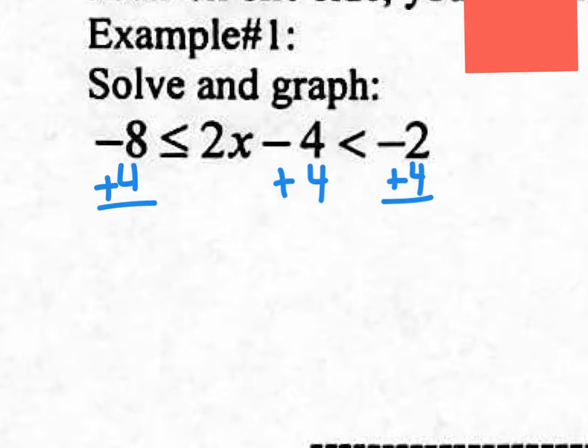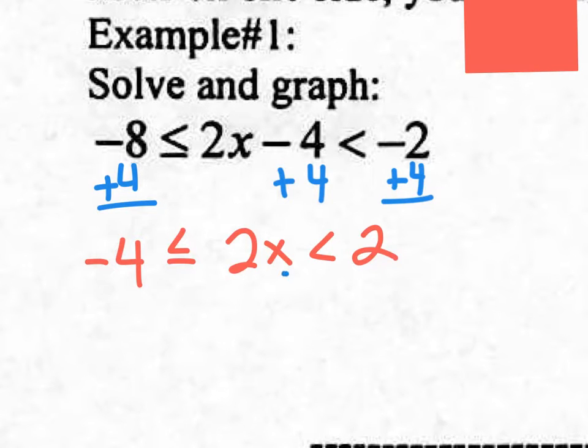So my new compound inequality becomes negative 4 is less than or equal to 2x is less than 2. Now we're almost done. We still need one more step. What's my final step here? Divide by 2. And what you do to one side, you do to both outside sides. So you're going to divide by 2 over here and divide by 2 over here.